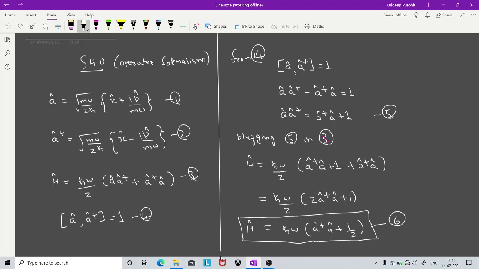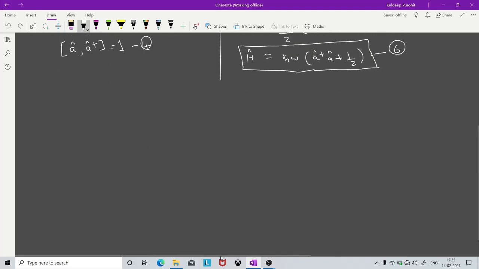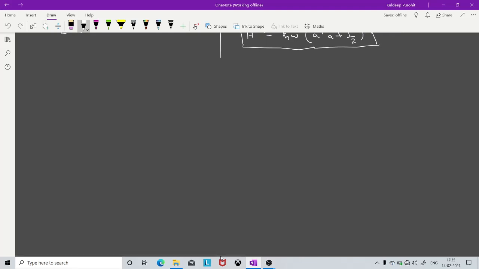So I have got the value of the Hamiltonian operator: H is equal to h cut omega times (a dagger a plus 1 by 2). This is the thing which I have with me now.